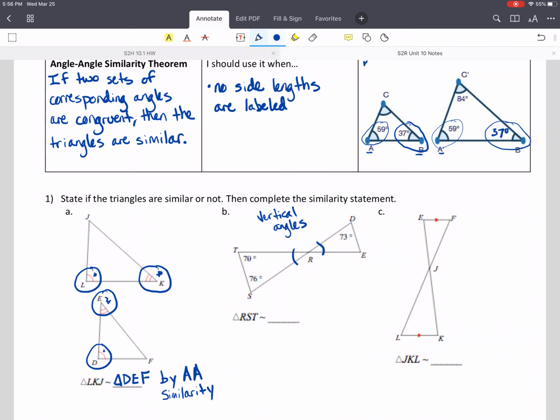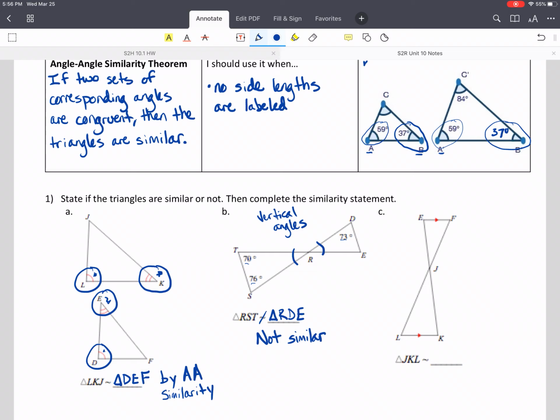Well, 70 and 76, neither of those are 73. So that means one set of congruent angles is not enough. So all I have to do is say not similar. And if you want to complete the similarity statement, we're just going to put a little cross through that similarity symbol. And because none of the angles correspond, we can just write whatever order we want.